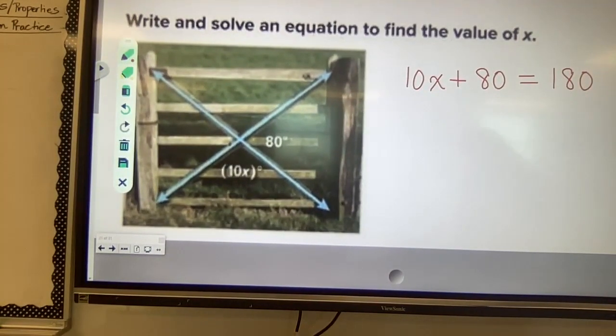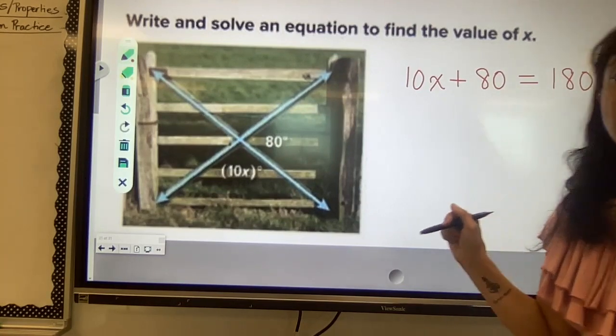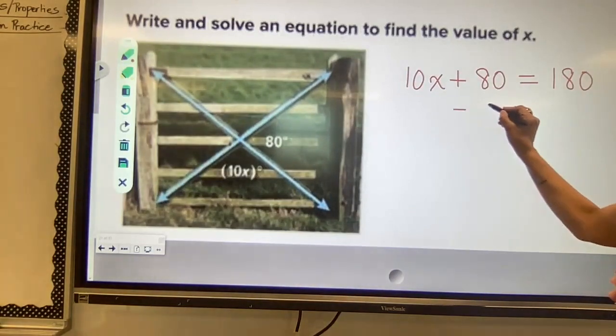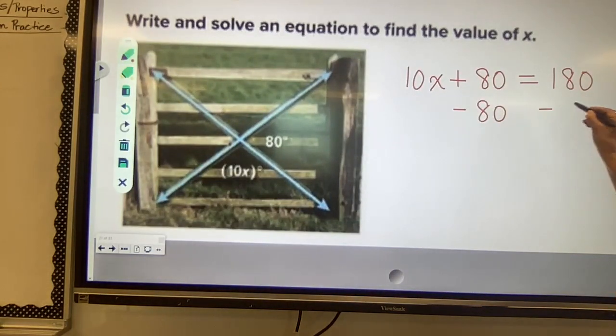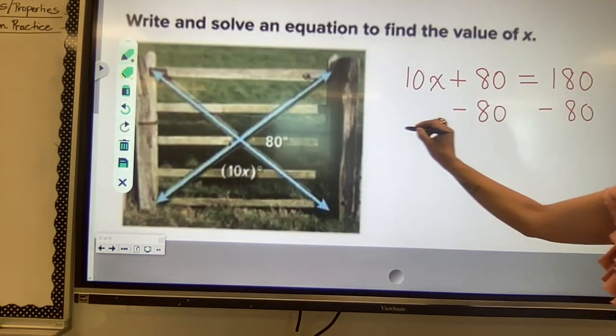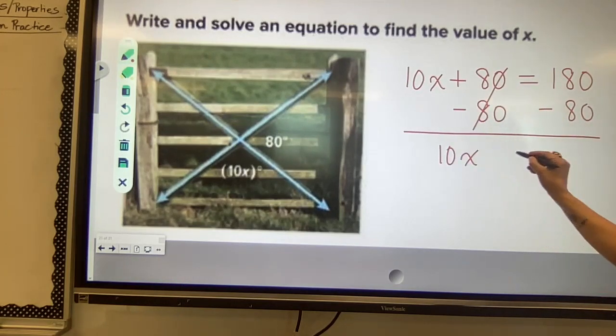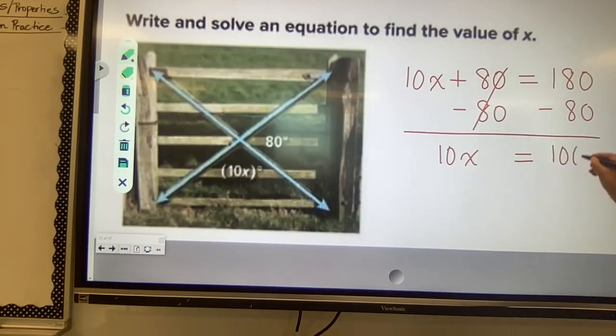And then I'm going to solve this equation. Opposite of addition is the subtraction property of equality. So I am going to subtract 80 from both sides of the equation, and I get 10x, and 180 minus 80 is going to give me 100.